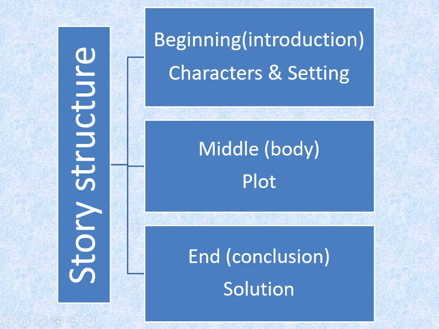So in the first paragraph, one or two, the author introduces you to characters and setting. Who's in the story? You need to meet them. Are they humans? Are they animals? For example, in Beauty and the Beast, in the beginning of the story, the author introduces you to Bella, the main character, the main person in the story.